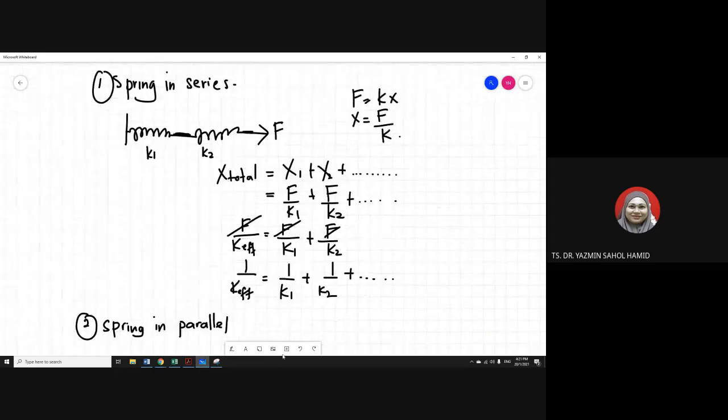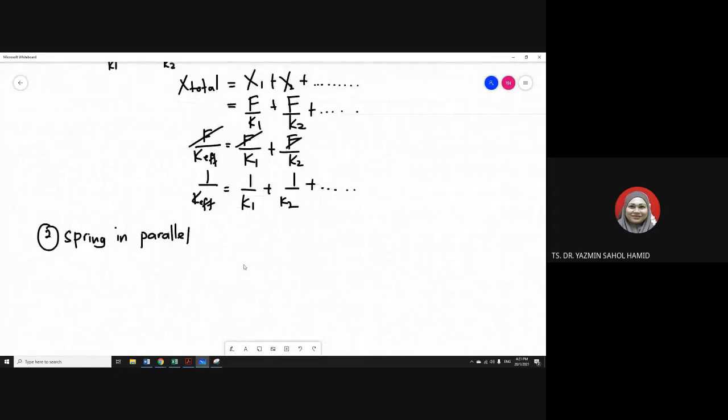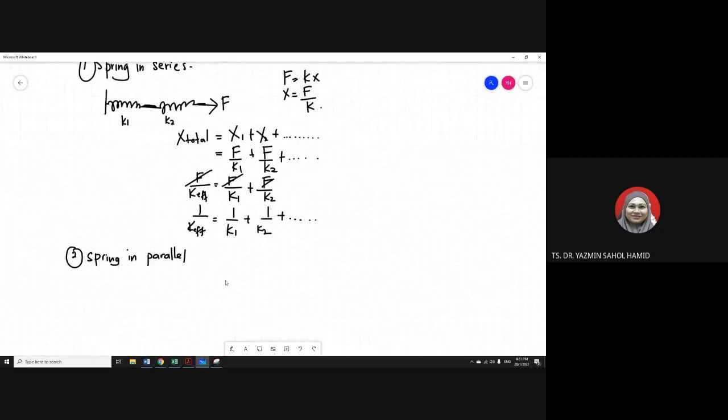An example of a spring in parallel is like this. This is spring in parallel. Let's say you have a force F here. If the spring on top takes 4 Newton and the bottom takes another 4 Newton, the total will be 8 Newton.